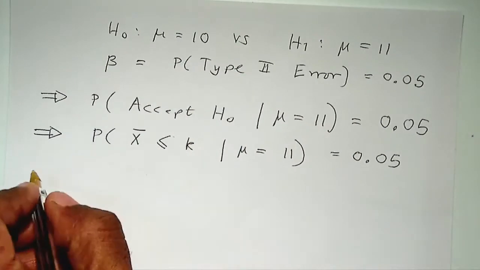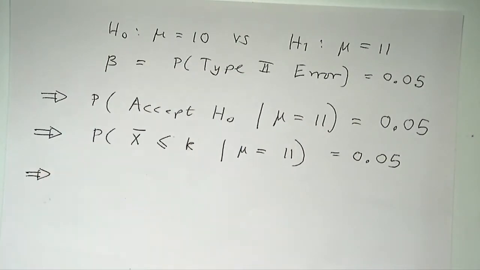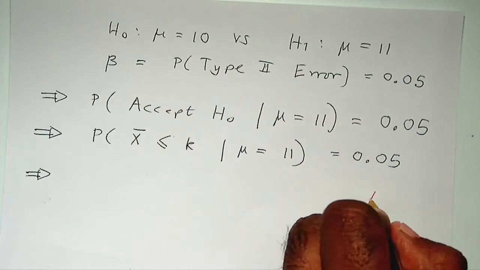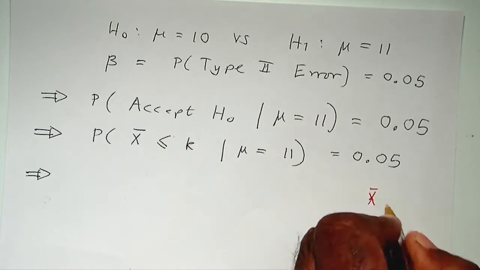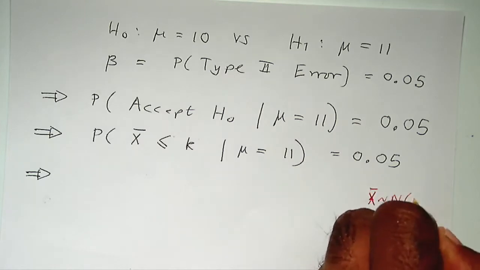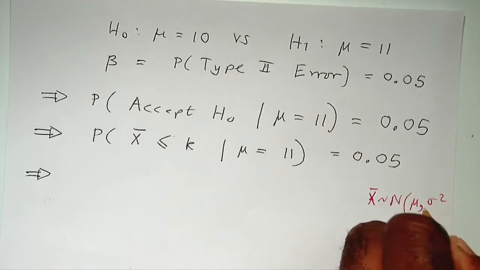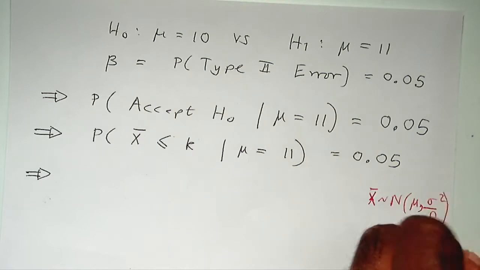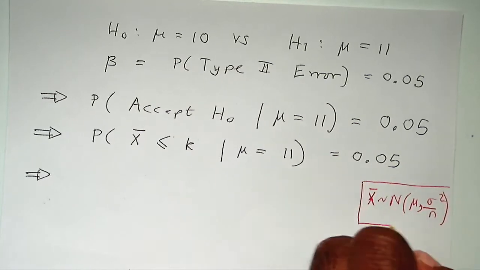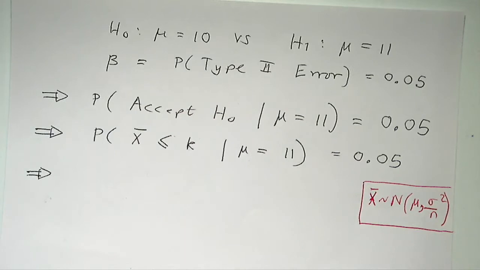Now, once again, I'm going to use this standardization. Remember what I told you a minute ago, guys. If you look at the week 2 lecture notes, you will see this result, that X bar has a normal distribution with these parameters.